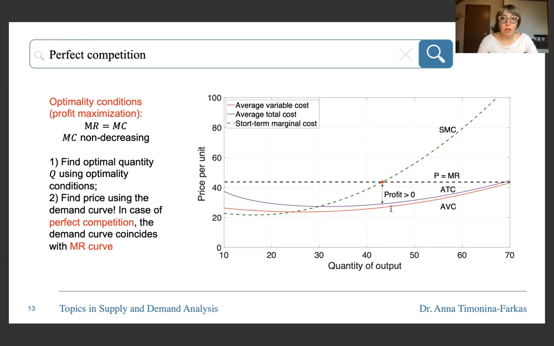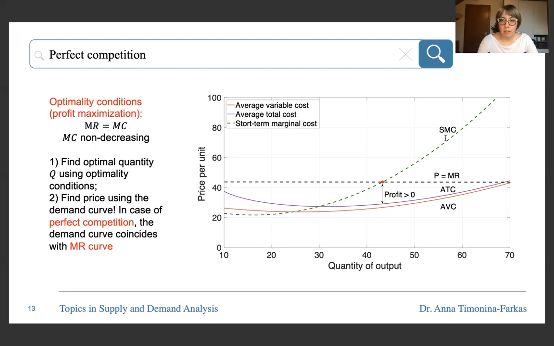To receive the profit maximizing quantity, one needs to understand that actually the profit maximization will take place in the point where marginal revenue is equal to the marginal cost, and at the same time marginal cost is non-decreasing. Indeed, if marginal cost, so the function here, the dashed green line, would be decreasing, we could always add additional labor which is productive and increase our profits.